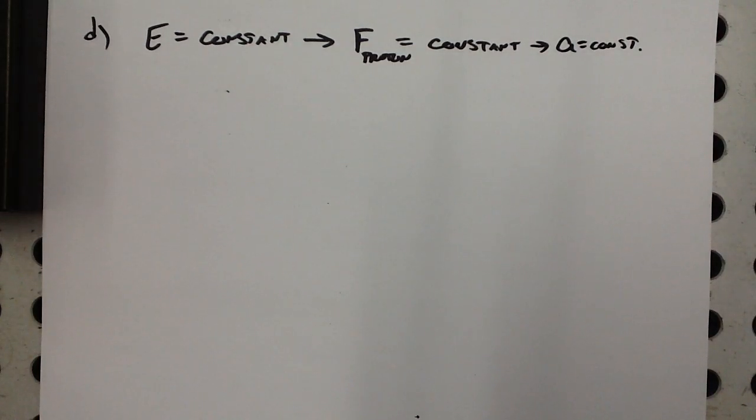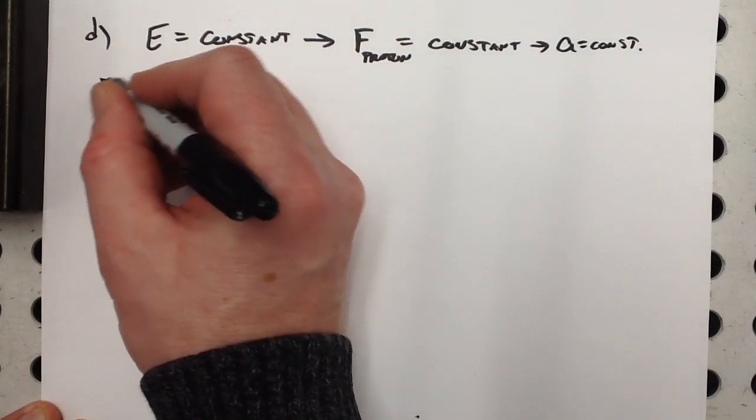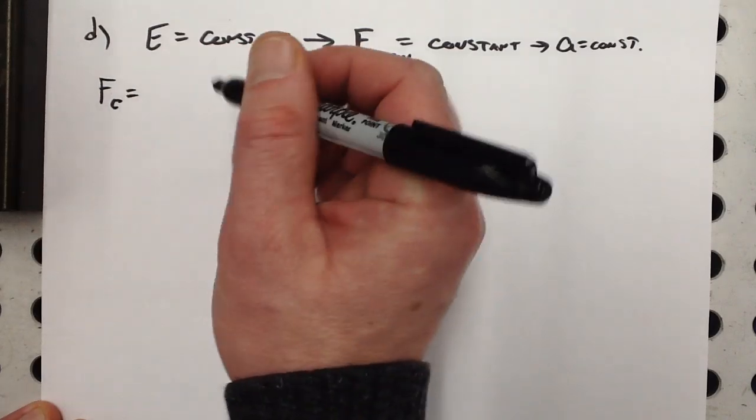And if the acceleration is constant, then you can use kinematics equations to do this. So I just wanted to run through that. It's always fun to do a physics problem more than one way and get the same right answer, right? Good time. So here's how we're going to do that.